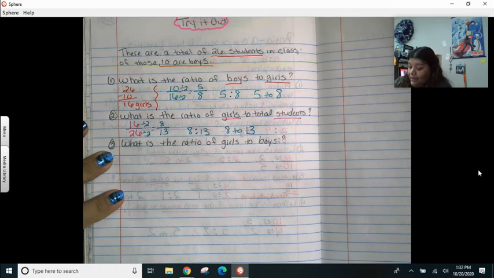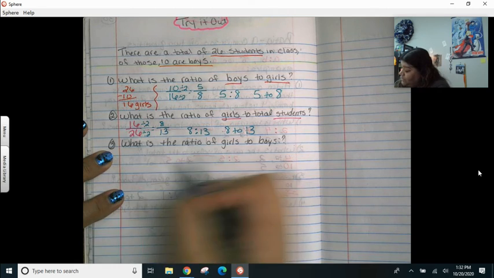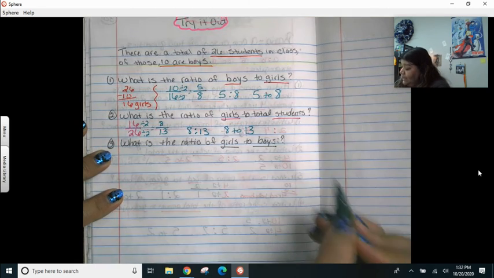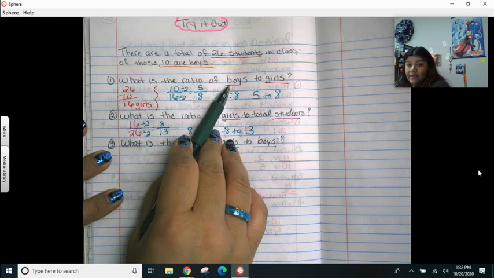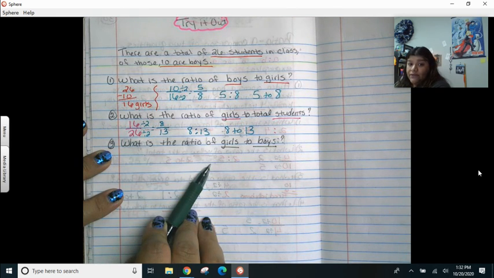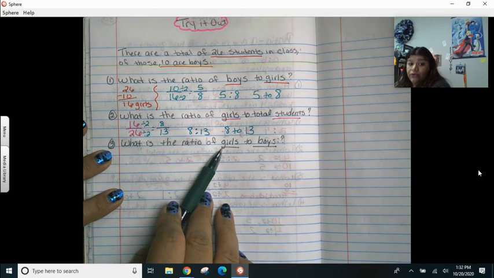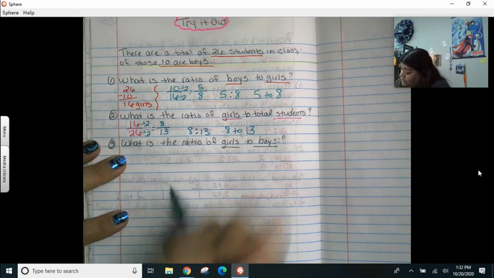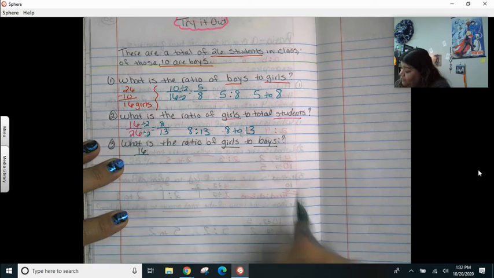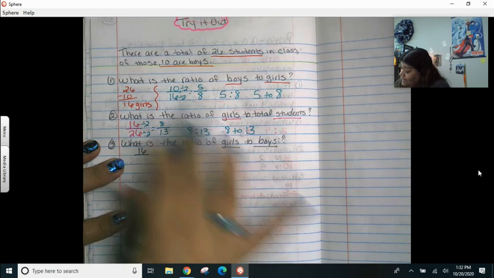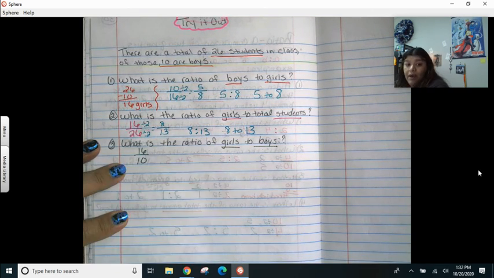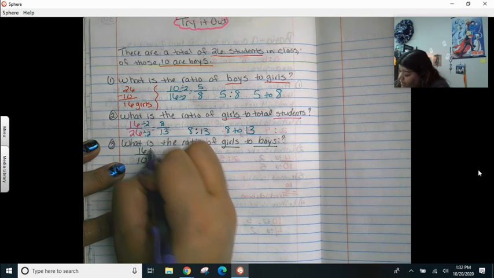Good. Last one. What is the ratio of girls to boys? Now, kind of the same thing here. You're not going to get the same answer. Why? Because the order is different, okay? So here I want the girls first. So the girls was 16, that goes first. And the boys is second, which was 10, that goes on the bottom, okay? So make sure you do that one correctly. The order matters, guys.